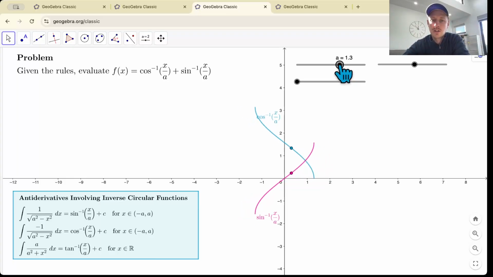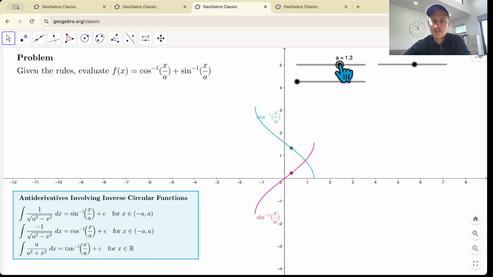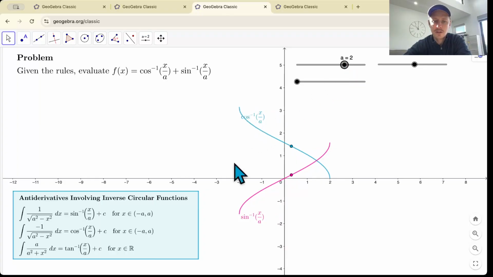If we change a to be 1, then these functions, cosine inverse of x on a in blue and sine inverse of x on a, go between -1 and 1. Similarly, if we change it to 2, it goes between -2 and 2. The question is, see if you can pause the video and, using these rules and what you understand about them, work this out.